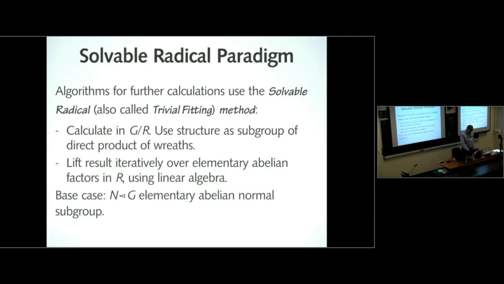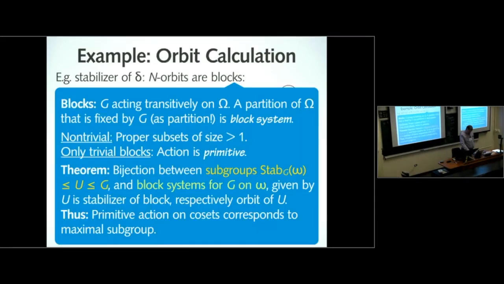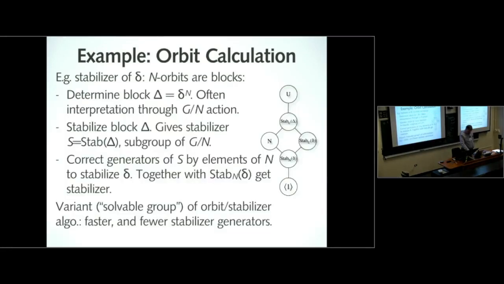Right, do I want to do that? Maybe again for time reasons, let me skip this. So let me just very briefly talk about one thing. One can, for example, do a better version of the orbit algorithm. What do I mean by a better version of the orbit algorithm?